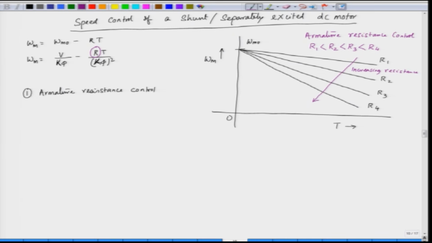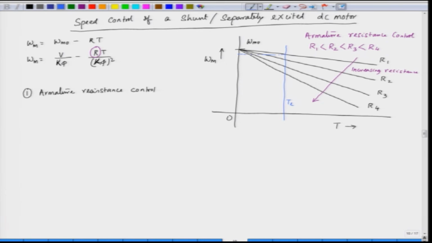When we are increasing the resistance, naturally the torque speed characteristic will change. Suppose this is our load torque, which is almost constant, T L. The intersection of the motor and the load characteristic will decide the operating point. Originally we had one speed.